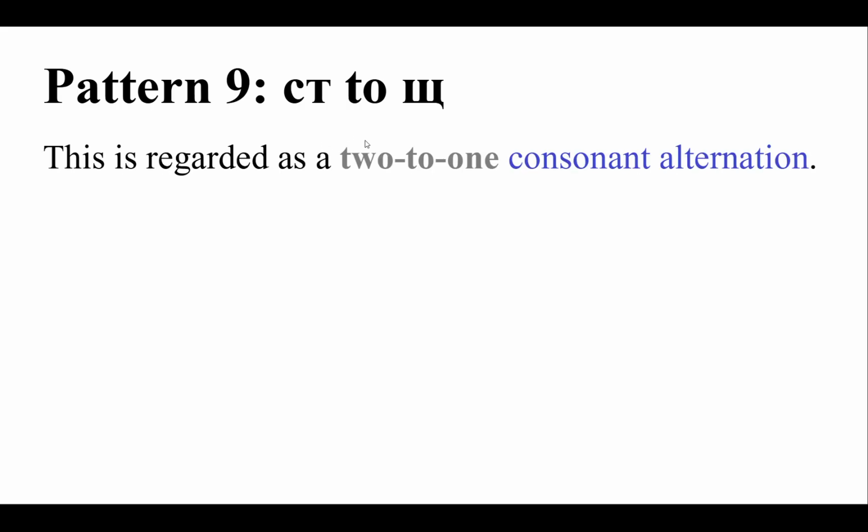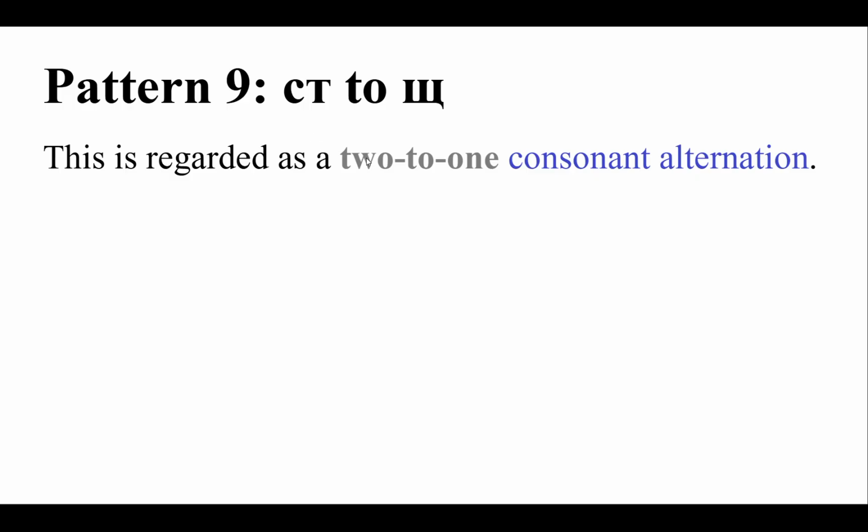Now things get interesting here because it's the 2-to-1 consonant alternation. What I mean by 2-to-1 is that it involves a digraph, st, and it is only effective for this kind of consonant alternation when it's together, like st together.